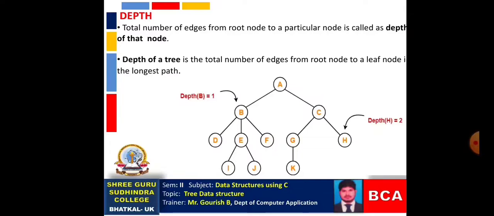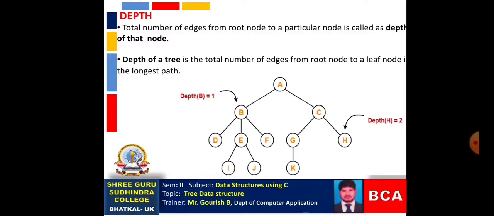For example, B: the depth of B is 1, because from the root node to B only one edge is there, that is AB. So depth is 1. For node H, depth is 2 because from root to H there are 2 edges, AC and CH.